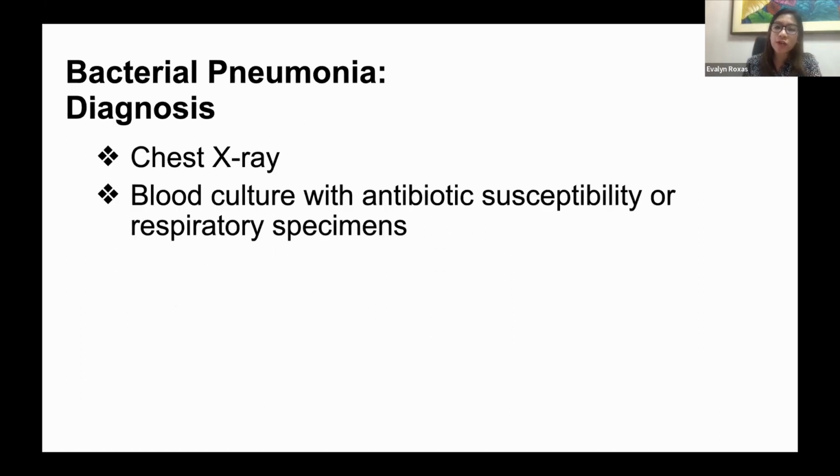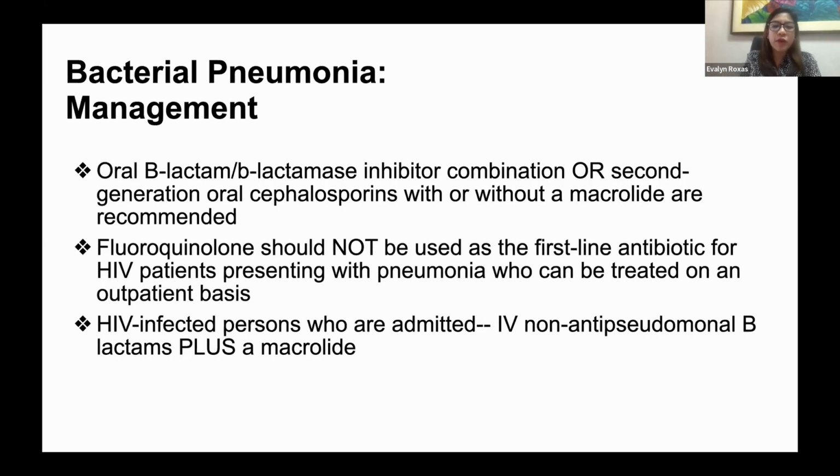So these are the diagnostic tests that we can request for bacterial pneumonia: chest X-ray, and blood culture, particularly if the patient is septic. So we recommend blood culture and sputum GS/CS so that we can have culture-guided treatment. So those are the diagnostics. How do we manage?